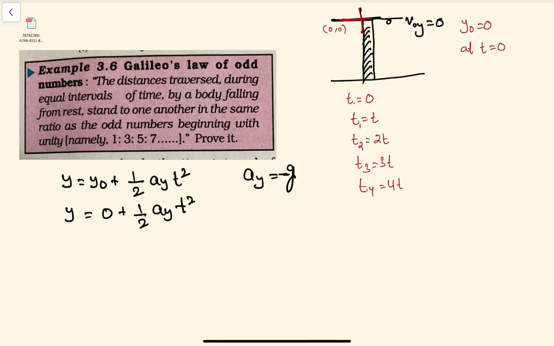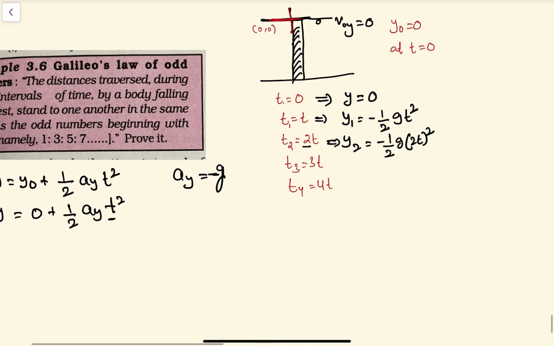Right, at t is equal to 0, y is equal to 0. At t is equal to t, y1 is equal to minus half g t square. At t is equal to 2t, substitute here, y2 is equal to minus half into g into 2t whole square.